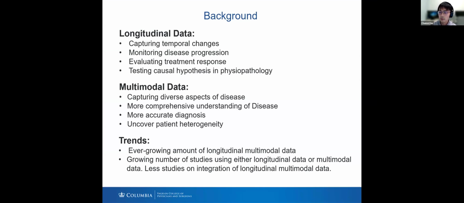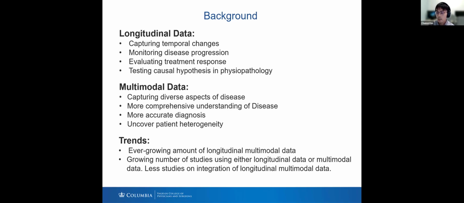Longitudinal multimodal medical data is important because it can capture temporal changes, monitor disease progression, evaluate treatment responses, and test causal hypotheses in physiopathology, and so on. The importance of multimodal data includes that it can capture diverse aspects of diseases, thus providing a more comprehensive understanding of diseases, helping generate more accurate diagnosis and uncover patient heterogeneity, and so on.